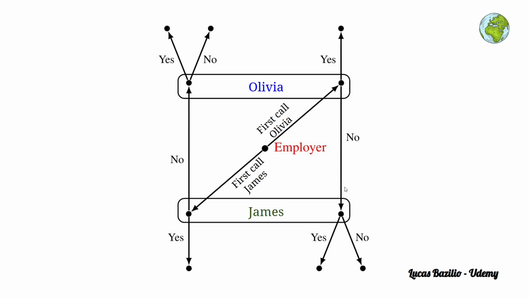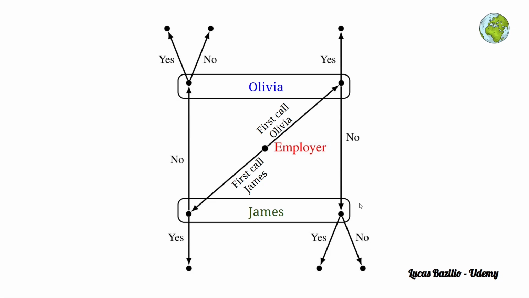So now we go to a decision node where James must take an action. If James says yes, then the position gets filled and we end. Now, what if James says no? Well, if James says no, then we reach an outcome with no one hired, right?